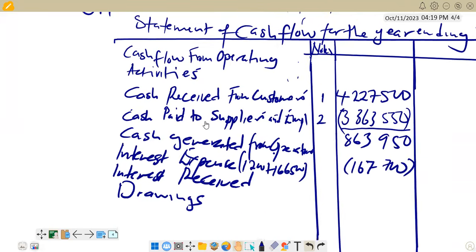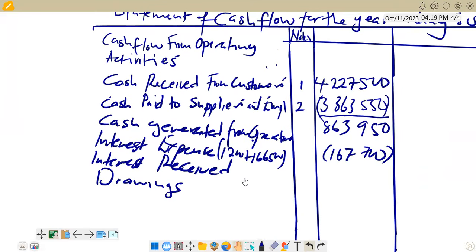If you check in our notes, we calculated interest received as 18% of 25,000, then we multiplied by 6/12 for the months that it stayed, and we got 2,250.